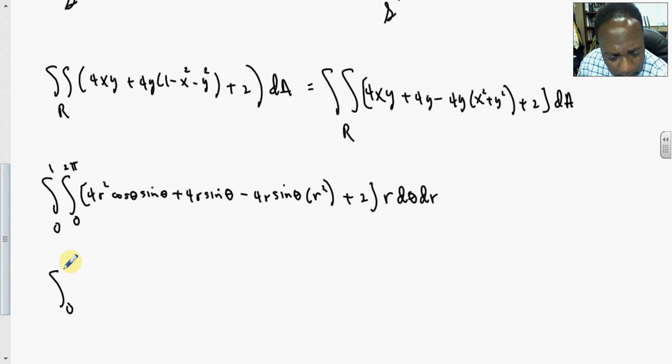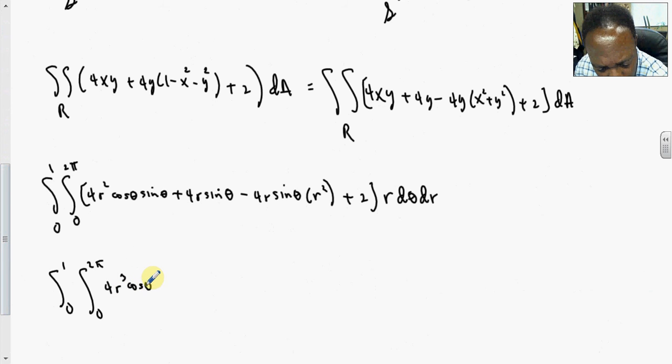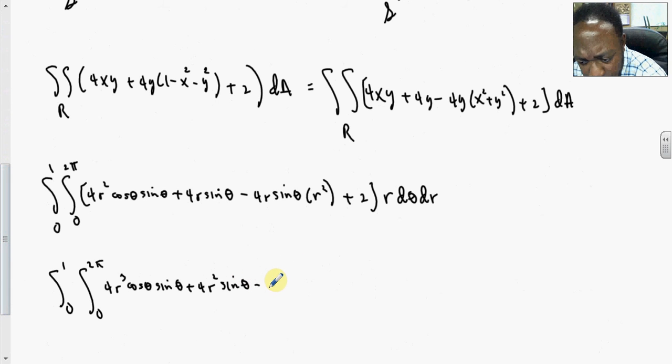So this is the integral from 0 to 1, the integral from 0 to 2 pi. Let's run this r through there. So this is 4r to the third cosine theta sine theta plus 4r squared sine theta minus 4r cubed times r is 4r to the fourth.